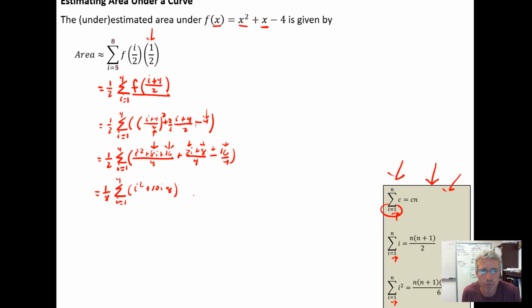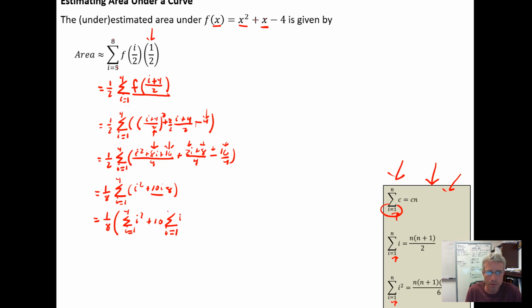So 16 plus 8 minus 16 is just going to be 8. And now I have it in a form to which I can apply my summation formulas. We'll take one more little step here. This will be 1/8 times the sum from i equals 1 to 4 of the i squared, plus, now I have a 10 times i, so it's going to be 10 times the constant times the sum from i equal 1 to 4 of just i.